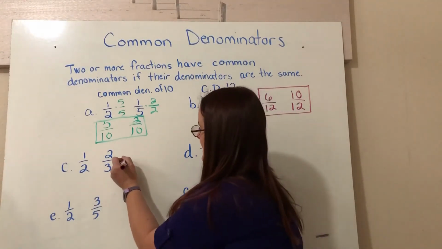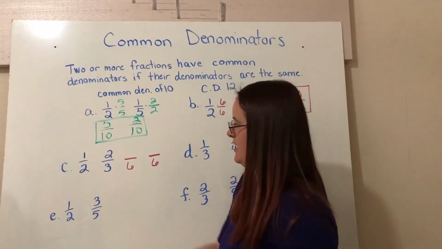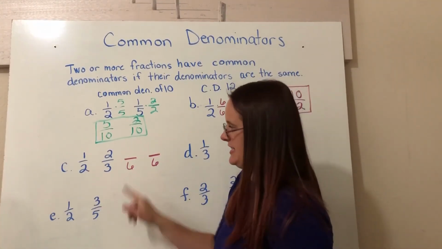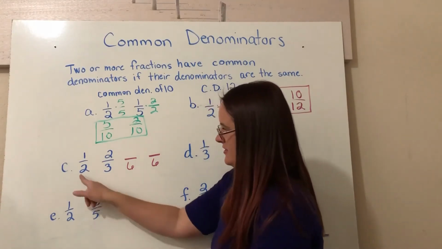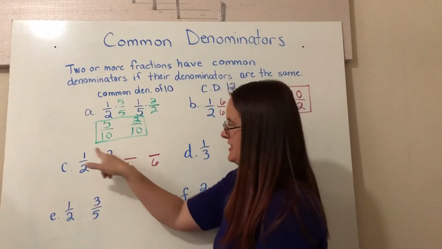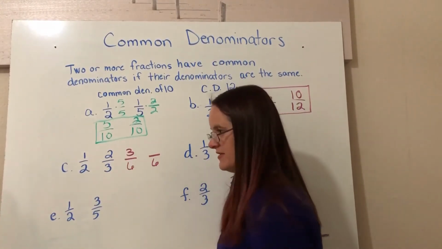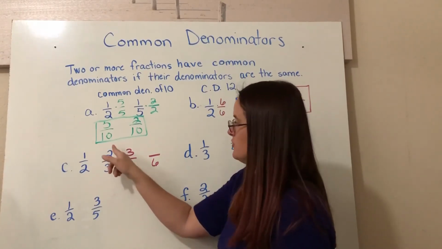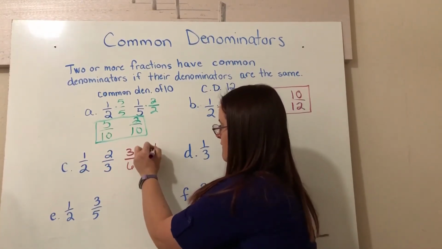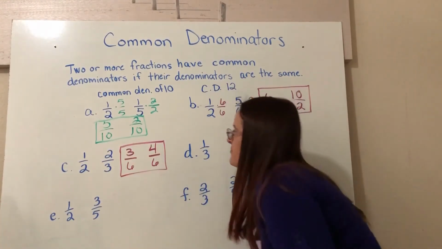So I know that my least common denominator here is going to be 6. 2 times what gives me 6? That would be 2 times 3 gives me 6. So 1 times 3 will give me my answer here. 3 times what gives me 6? 2. So 2 times 2 gives me 4. And there's my answer to C.